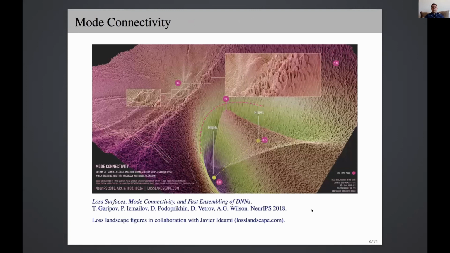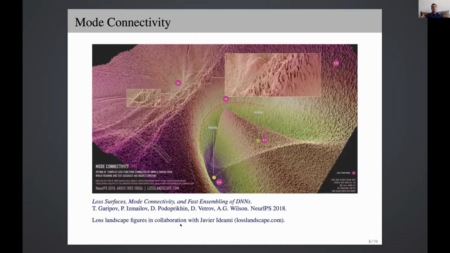Towards that end, early on, we discovered that if you retrain a neural network with different random initializations and converge to different basins of attraction, you can actually find paths which connect those solutions together in a subspace, such that you can walk along these paths and not really increase the loss along the way, and arrive at the other solution.